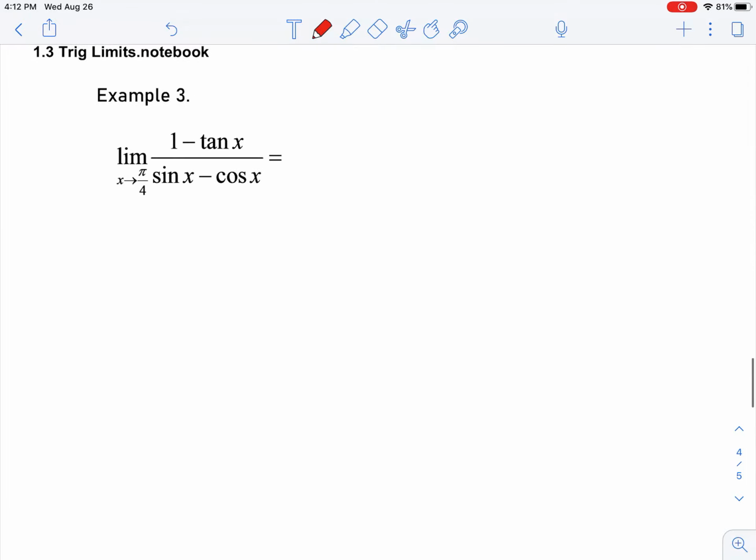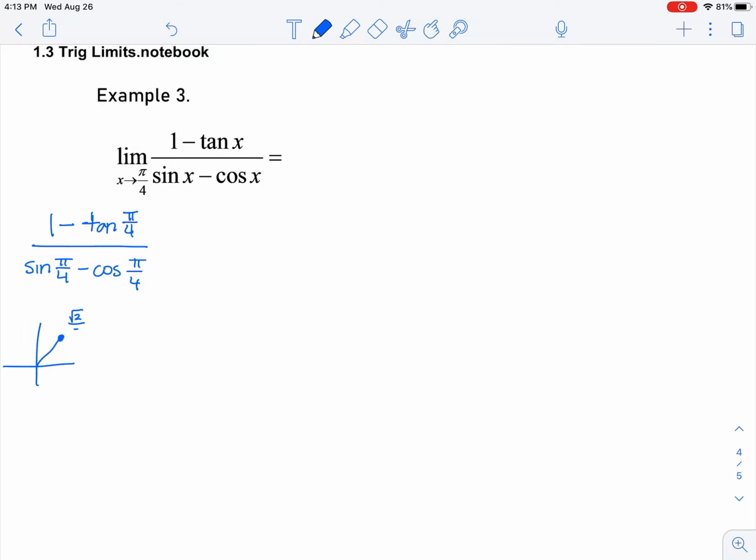All right, next example. We're first going to plug in pi over 4. So this is 1 minus tangent of pi over 4 over sine of pi over 4 minus cosine of pi over 4. So we need to know our coordinates at pi over 4.